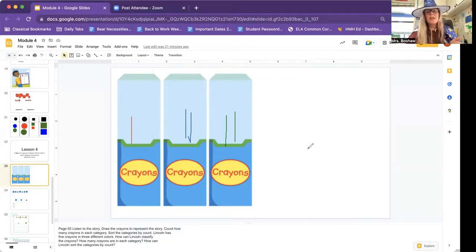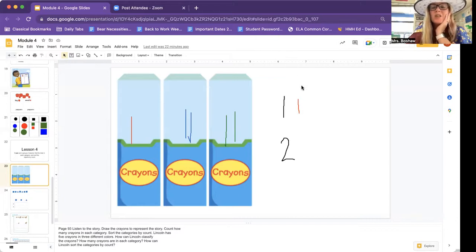But if we're sorting by count, Lincoln might say, okay, I want to know which color do I have one of, and which colors do I have two of? So how would we do that? Which group has one? What color? Did you say red? You're right, red.